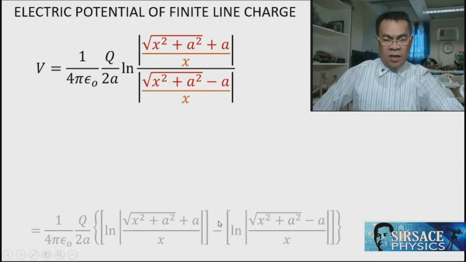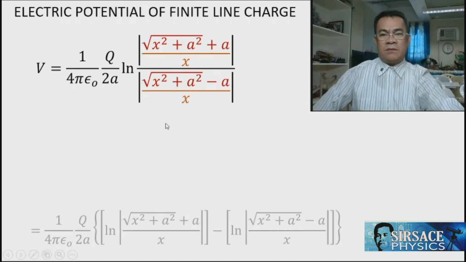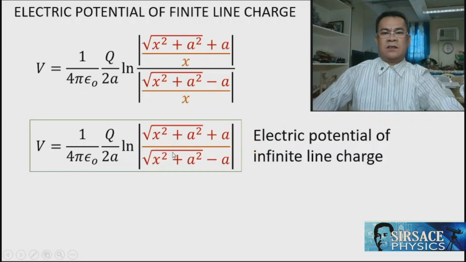So again, this can be compressed into one natural logarithm. Since these are the same, we can cancel the x. So this is now our final answer. This is the electric potential of a finite line charge.